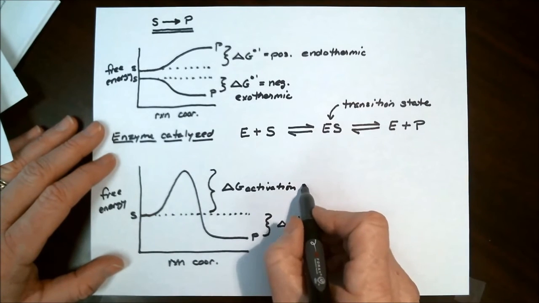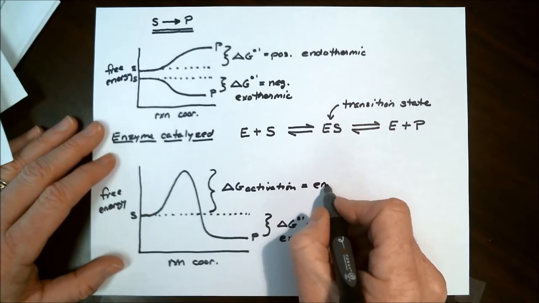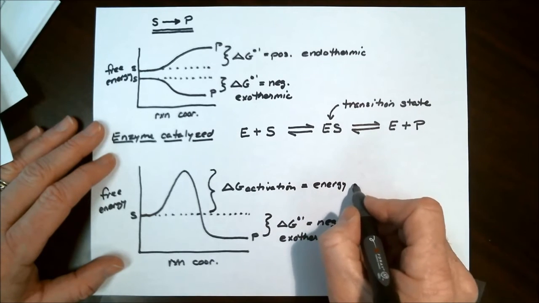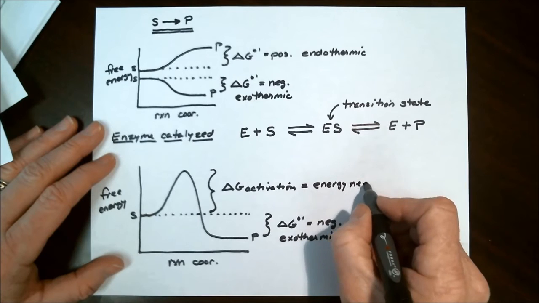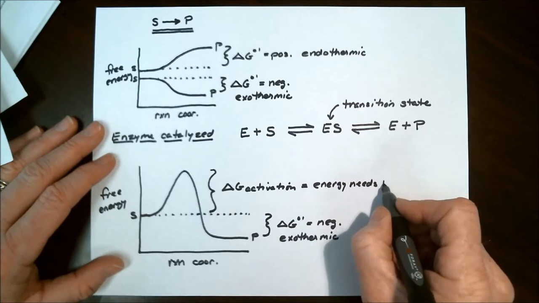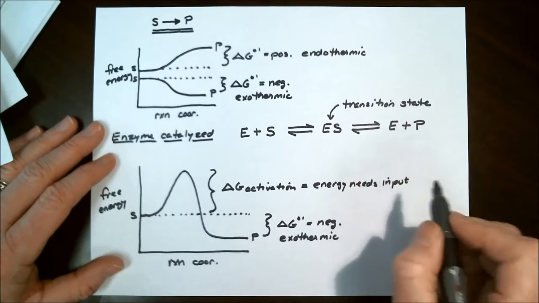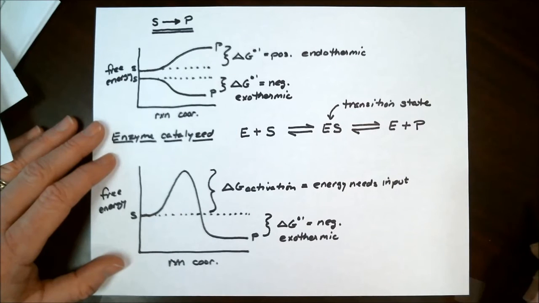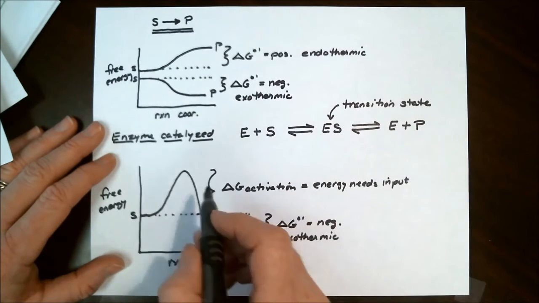What this simply is, is the amount of energy that needs to be placed into the reaction in order to get through the transition state of the reaction itself.